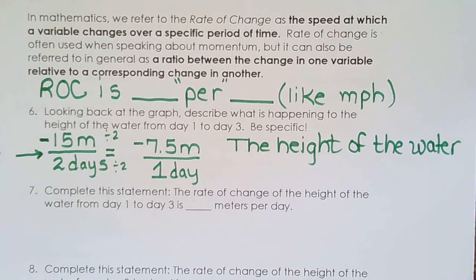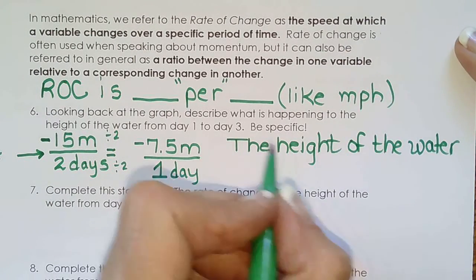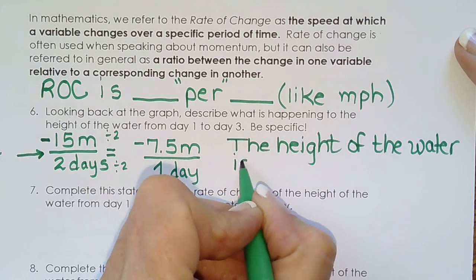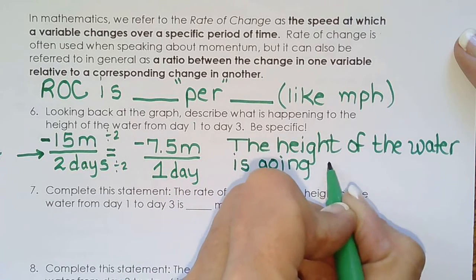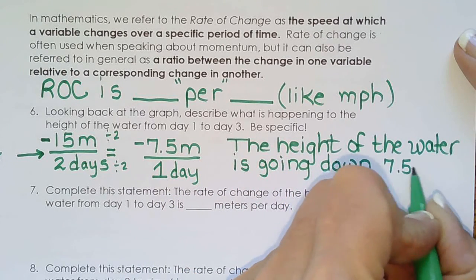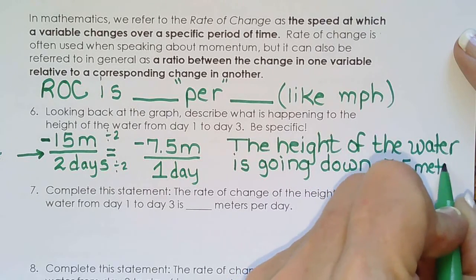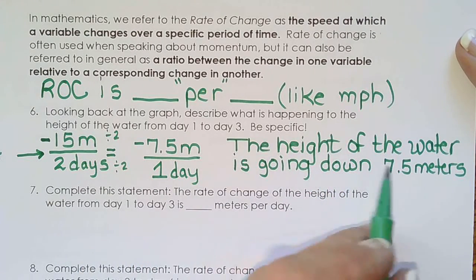So we're not going to say negative 7.5, but we use words that mean that. So the height of the water is going down 7.5 meters. I think decreasing would have been better. I wish I would have picked that, but too late.